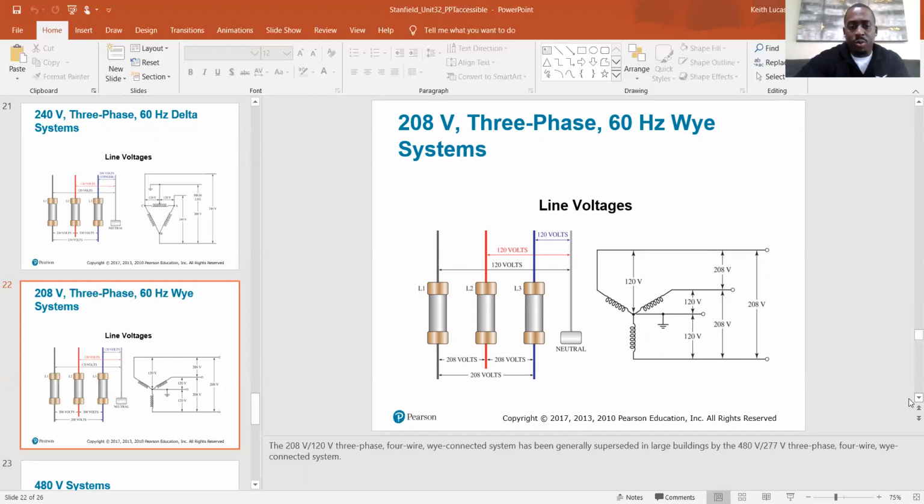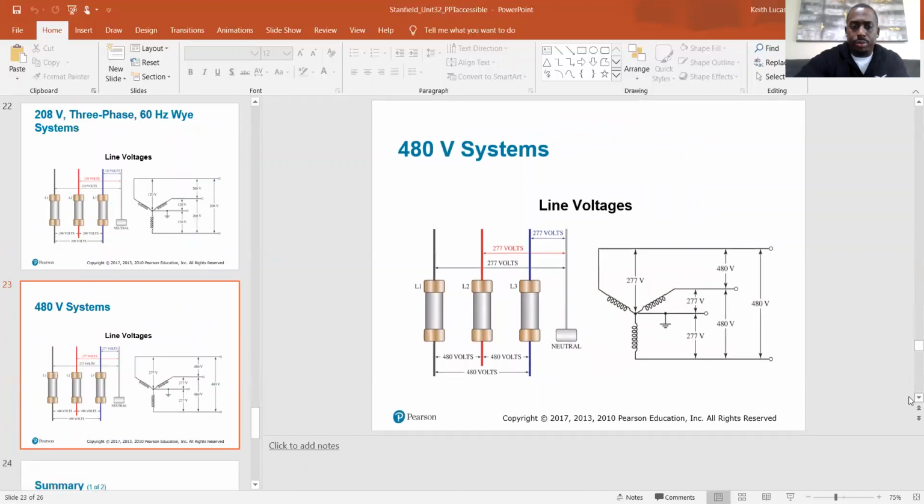So basically the 208/120 has been pretty much replaced by the 480/277 three-phase transformers. So this is pretty much the hookup. I mean, you got your 3 phases and then you have your neutral leg.